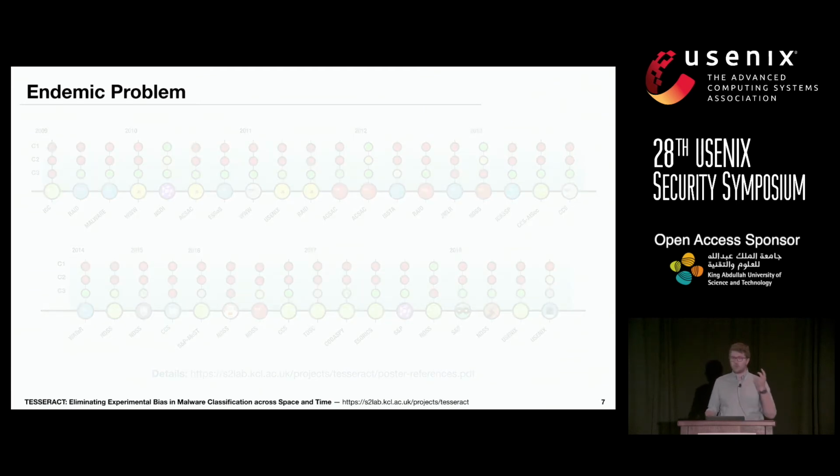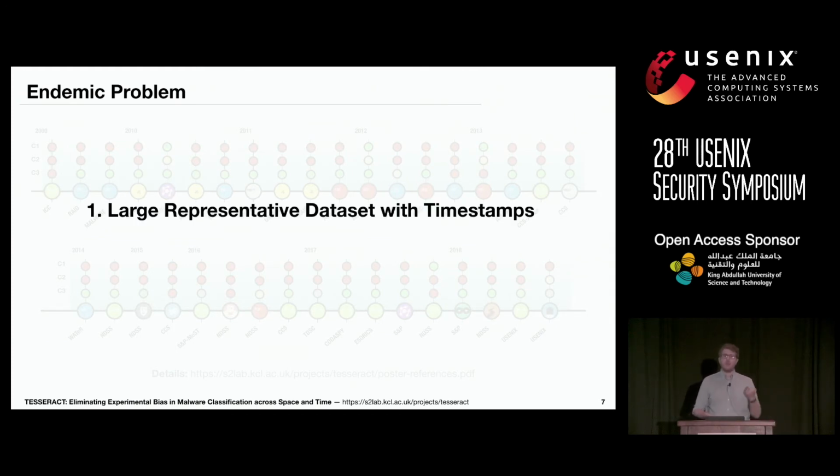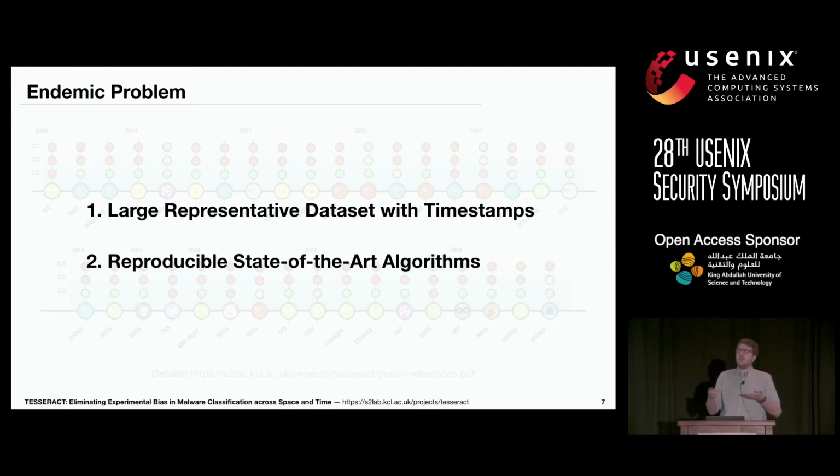There are two required ingredients to do this. First, we need a large representative dataset with timestamps in that domain. And secondly, we need state-of-the-art algorithms, both to evaluate the impact of the problem in a certain domain and to evaluate new proposals properly.